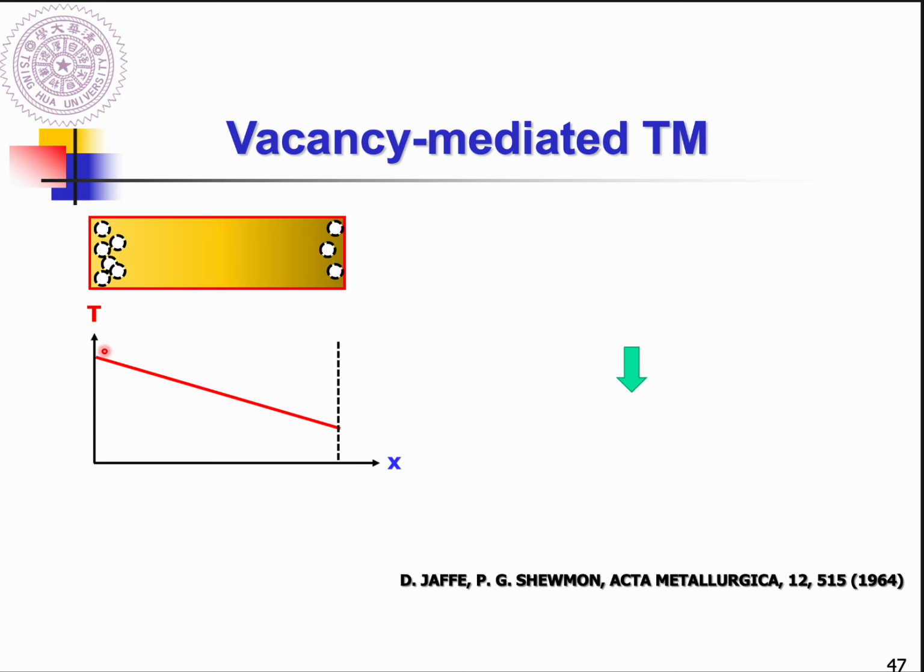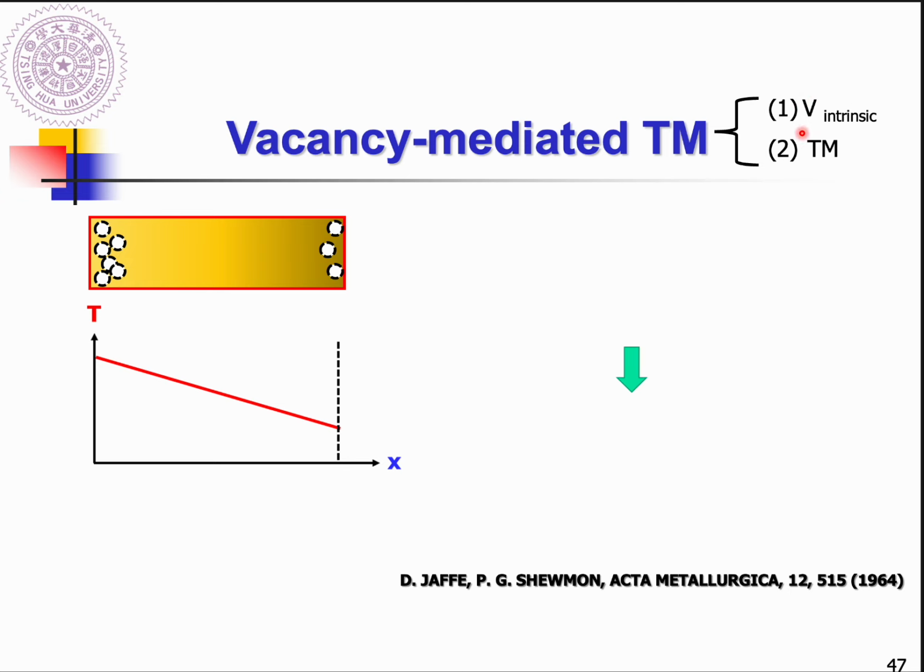Okay, so under this situation, when I apply a temperature gradient on this vacancy-mediated material, the concentration of vacancy cannot be ignored. So when you apply the temperature gradient on this type of material, there are two parameters you need to consider, which will affect the atomic flux.